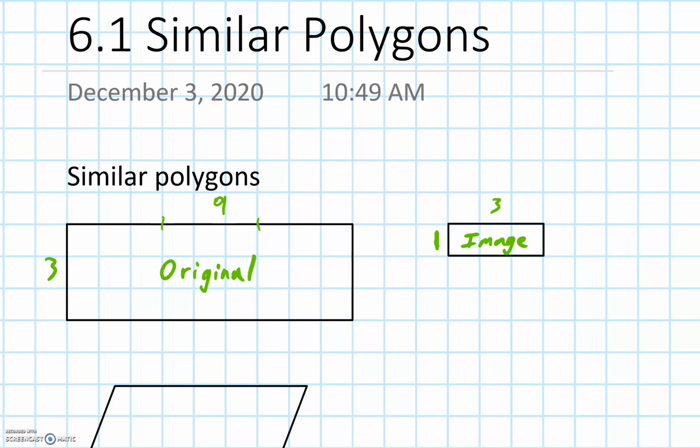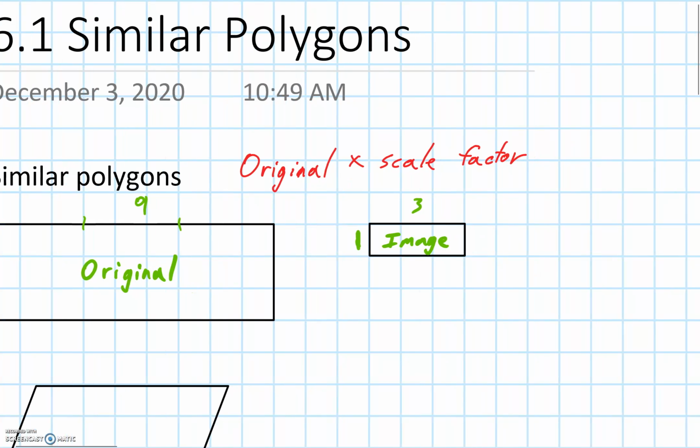So what you can see here is that our original side, whatever our original side is, times our scale factor, which is kind of this adjustment factor, equals the image.